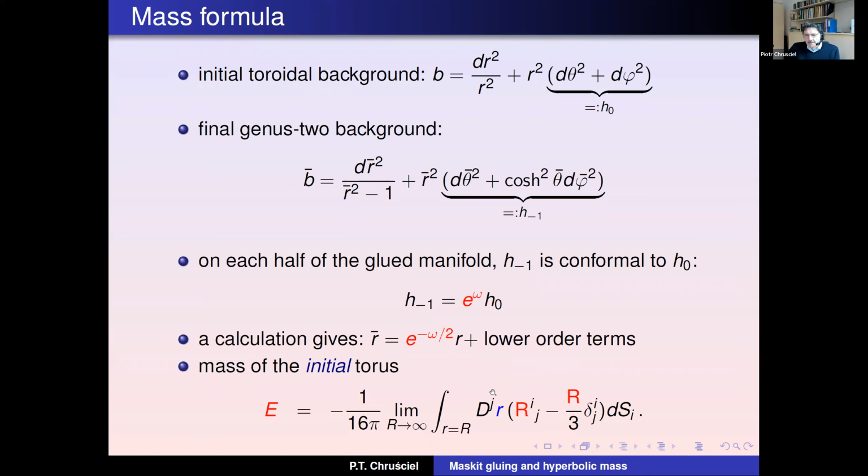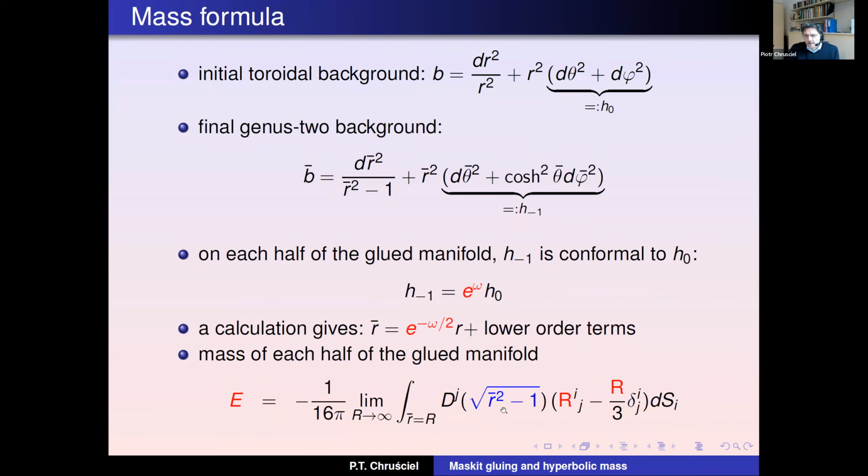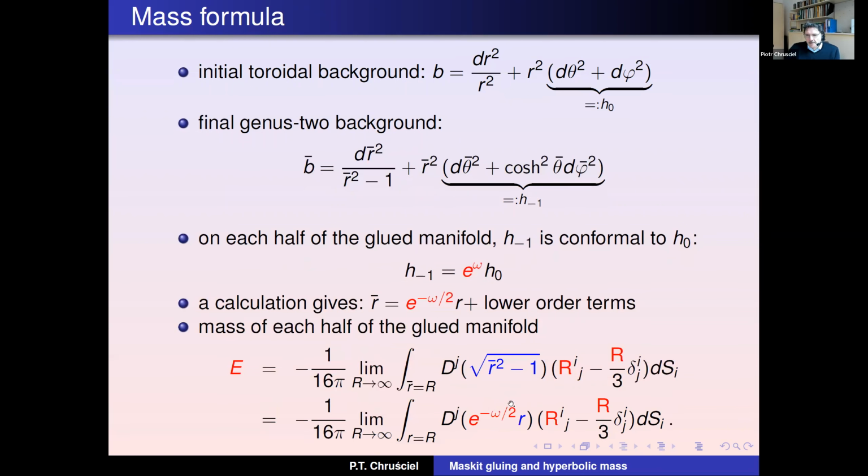And then the original mass was defined using this formula, where the lapse function was equal to R. Now in the new manifold, the lapse function is the square root of R squared minus 1. The lapse function appears in the space part of the metric as the square of the lapse function, this factor, right? So this is the new one. And if you just put this expansion of R bar into this formula, then in the limit you can ignore this -1 term, and you get this simple formula for how the mass changes, right?